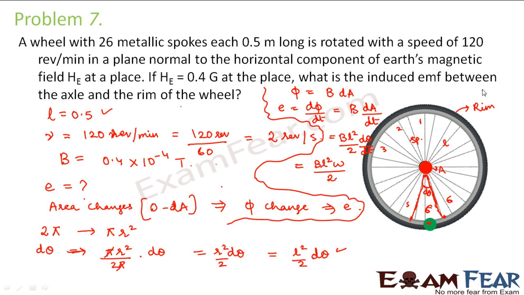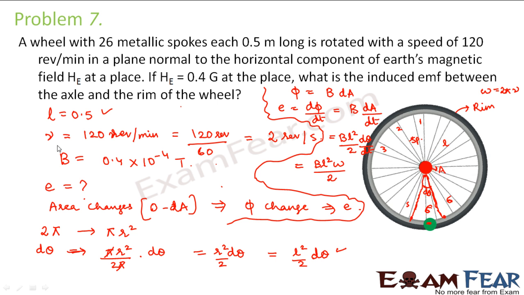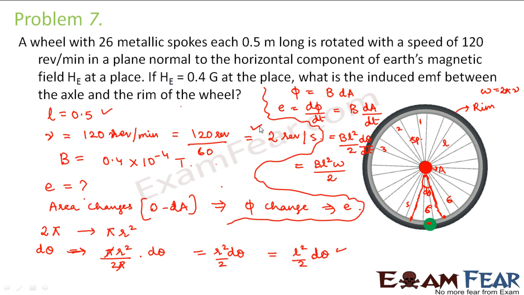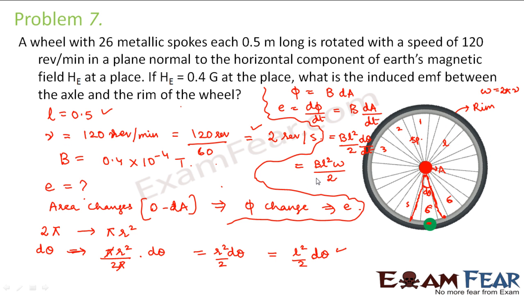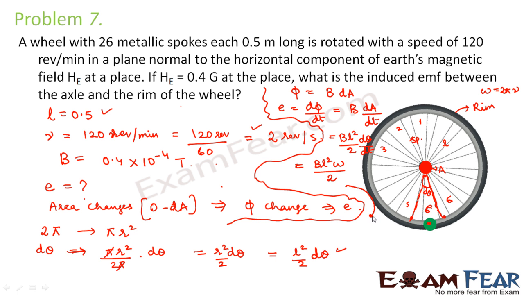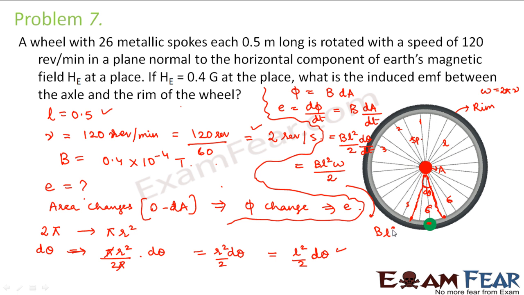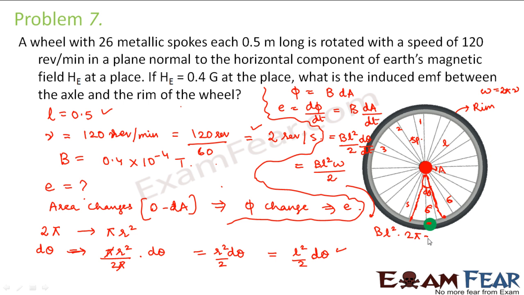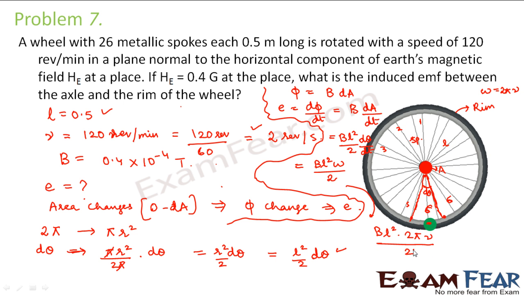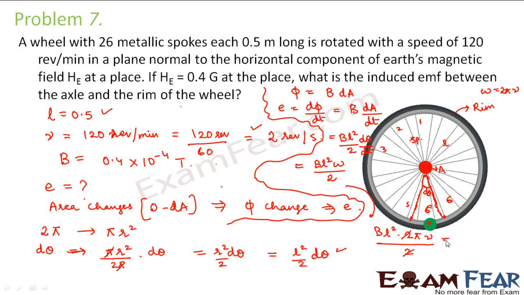Now we know that angular frequency is related to frequency by 2 pi nu, and frequency, linear frequency, is given as 2 revolutions per second. So this we can write it as BL square into 2 pi nu divided by 2. So 2 will get cancelled. Now we can put the values.